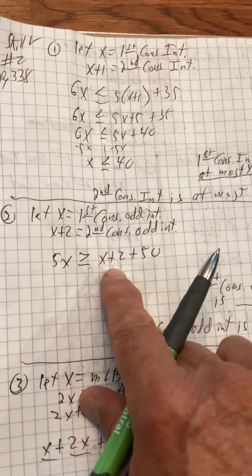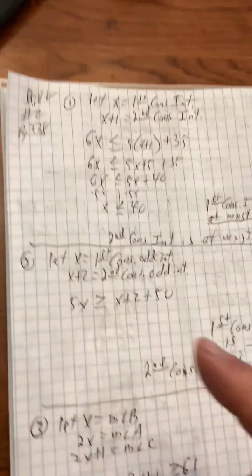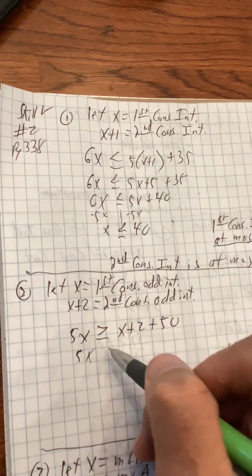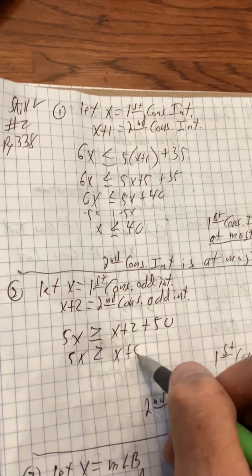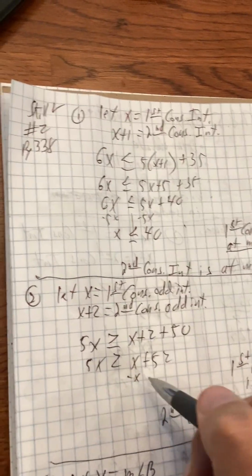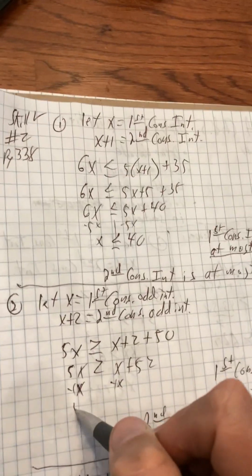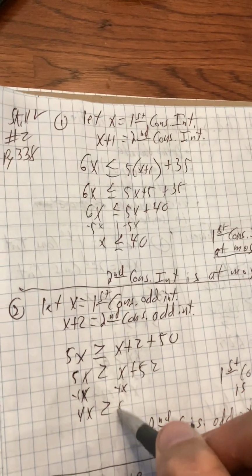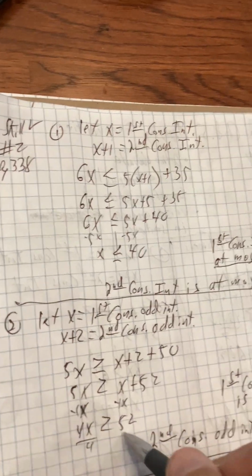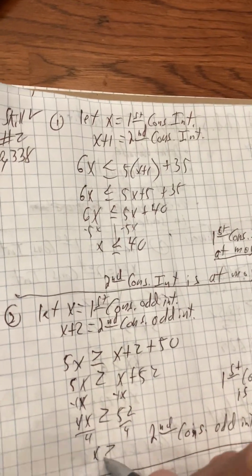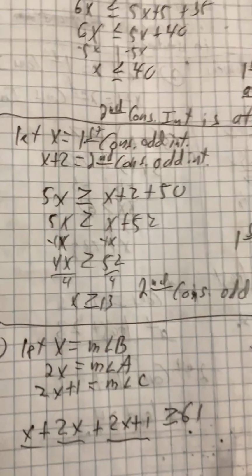So there it is, right? So then I'm going to simplify. So that's x plus 52. I'm going to subtract x from both sides. I'll put a 1 there to help myself out. So 4x is greater than or equal to 52. Divide both sides by 4. X is greater than or equal to 13.